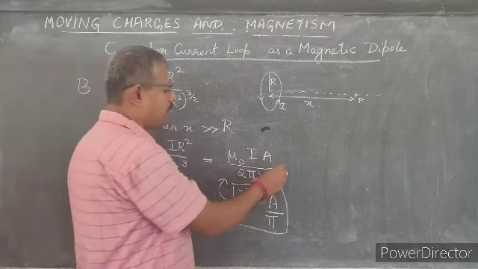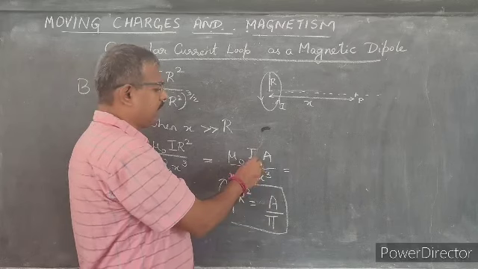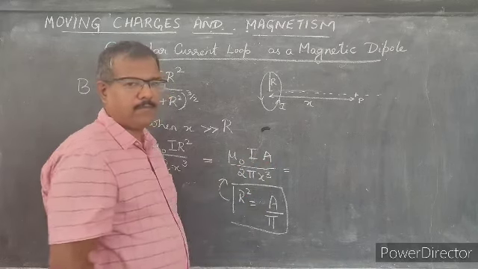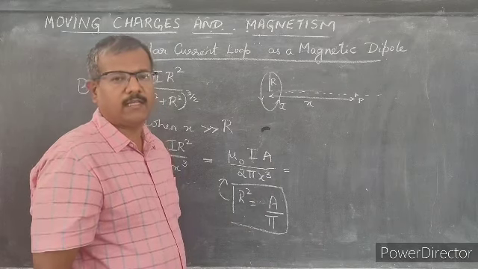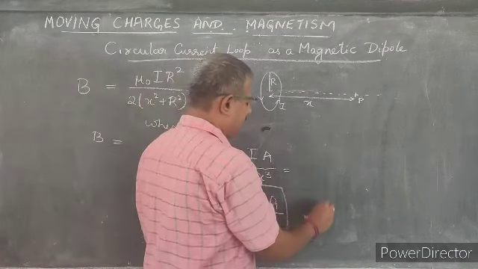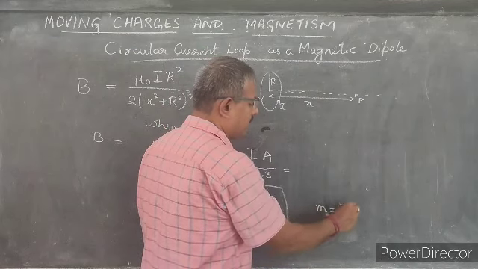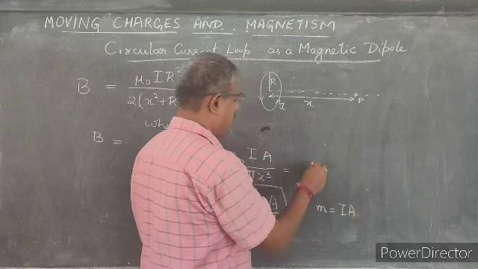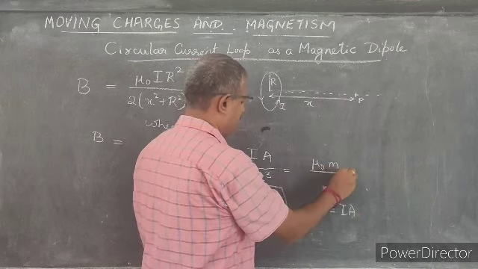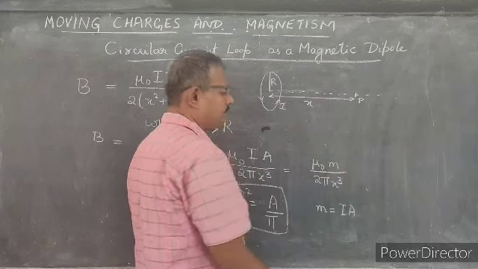Now if you further recall, in our previous discussions we said the product of current and area is something that we define as the magnetic dipole moment, represented by the small letter m. So m is equal to the product of I and A. So I can further write this as mu naught m by 2 pi x cube.